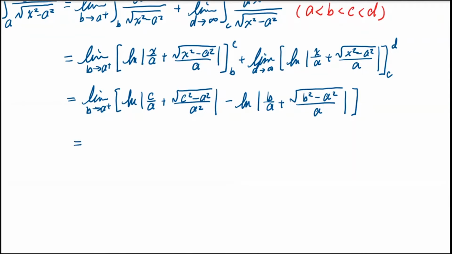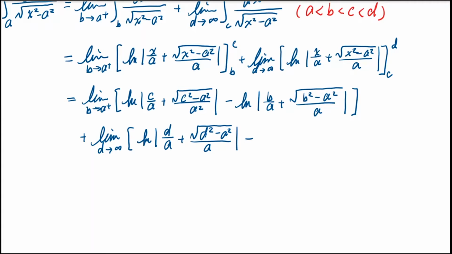The other half is plus the limit of d approaching infinity of ln of d over a plus square root of d squared minus a squared over a, close, and then minus ln of c over a plus square root of c squared minus a squared over a, close, and close the bracket.